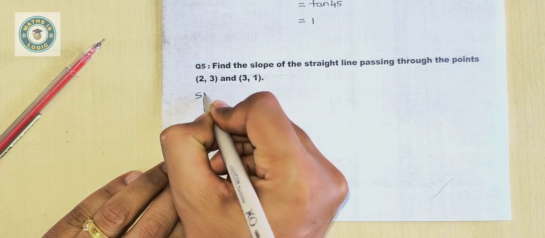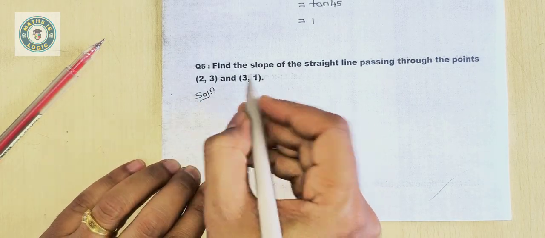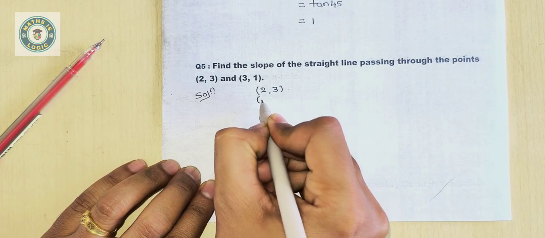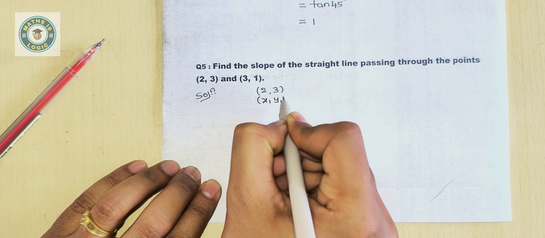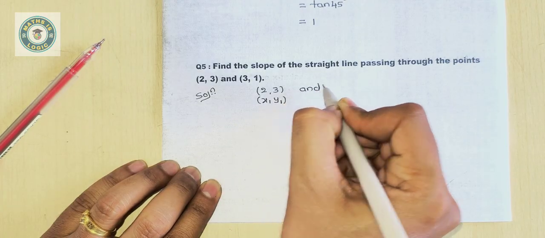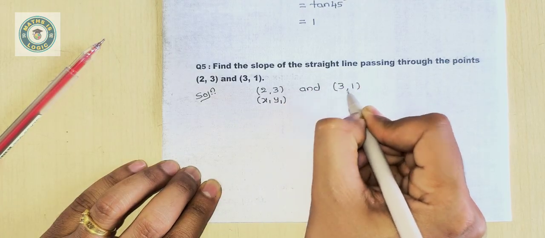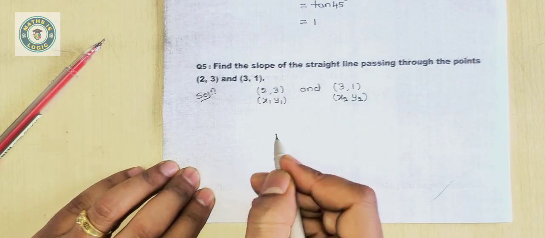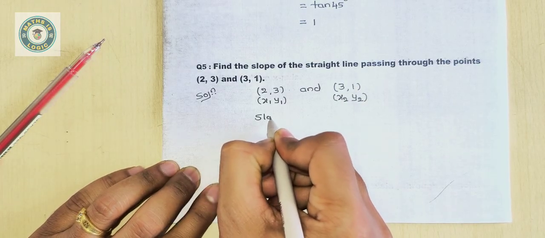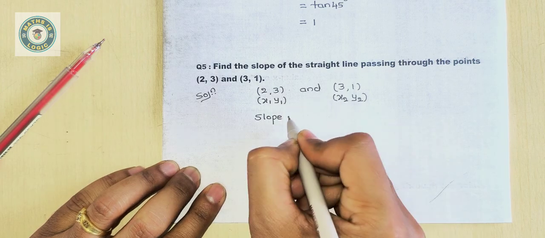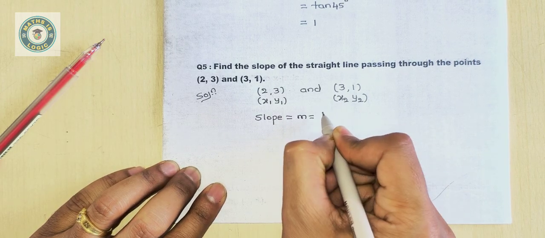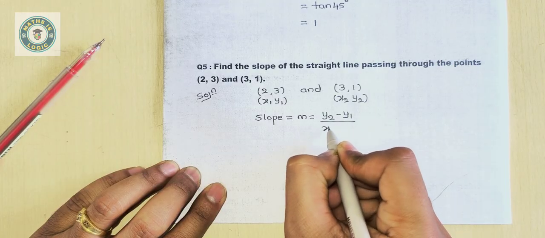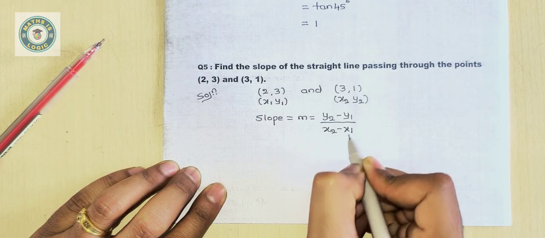In the solution, first we consider the first point, (2, 3), as (x1, y1), and the second point, (3, 1), as (x2, y2). Then write the slope formula. Whenever two points are given, slope m is equal to (y2 minus y1) divided by (x2 minus x1).